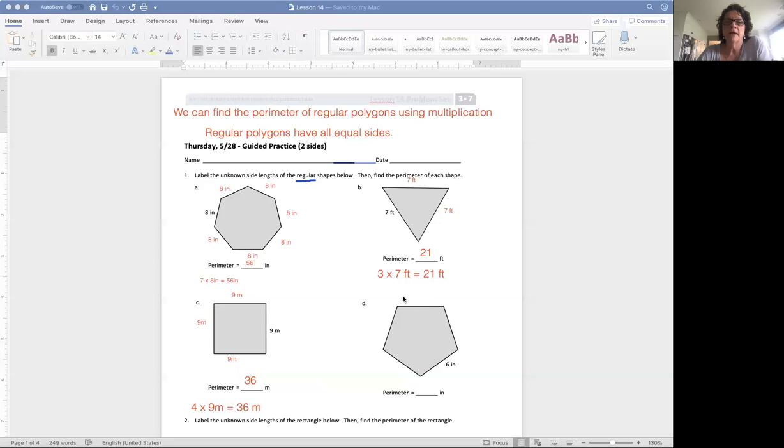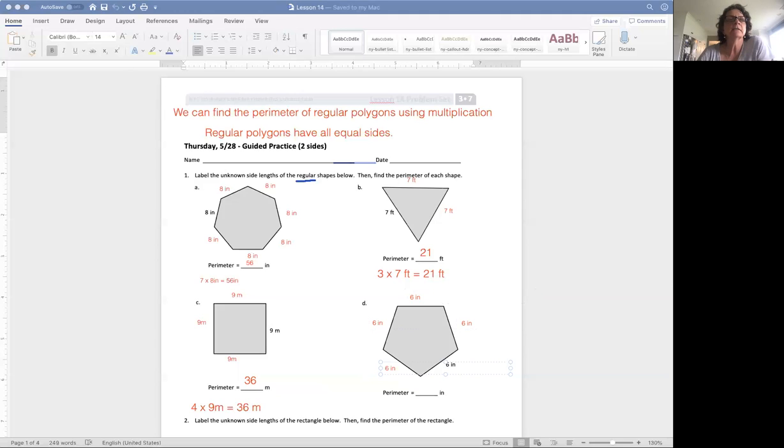So I'm going to go ahead and do what the directions say and label each side.